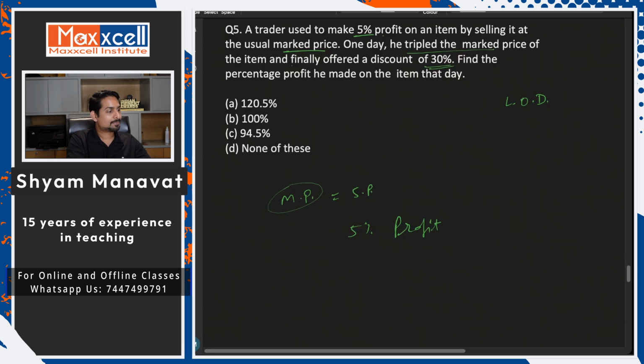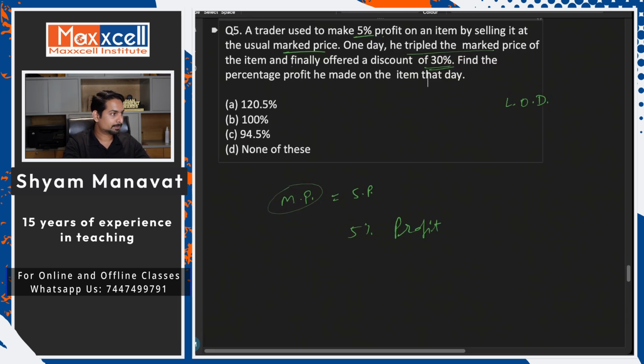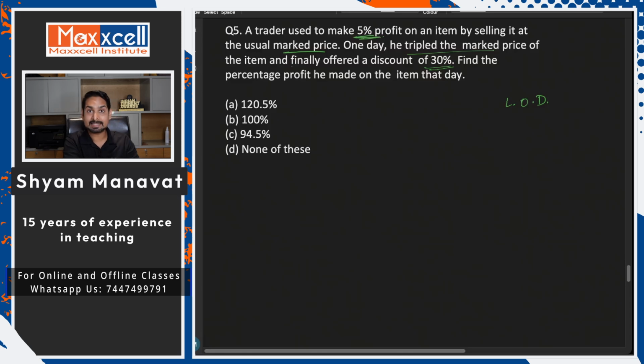First of all we need to understand the relationship between mark price and cost price by using the information which says 5% profit when he is selling at the mark price. The entire question is in the form of percentage, and the answer is also in percentage, so I can assume a number instead of a variable.